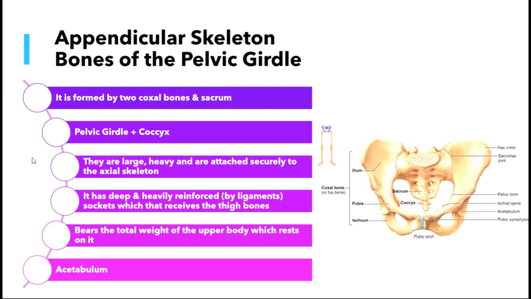There is an attachment to the pelvic girdle, which is lumbar vertebra number 5. Also, it has sockets where the limbs firmly attach to the girdle.